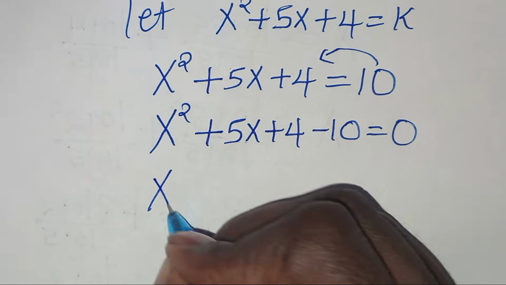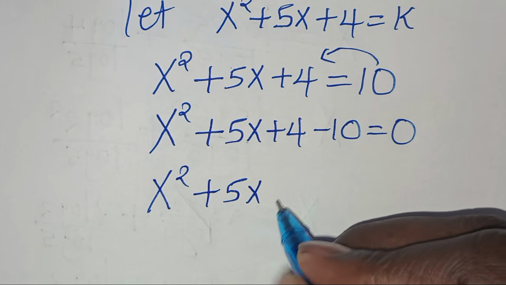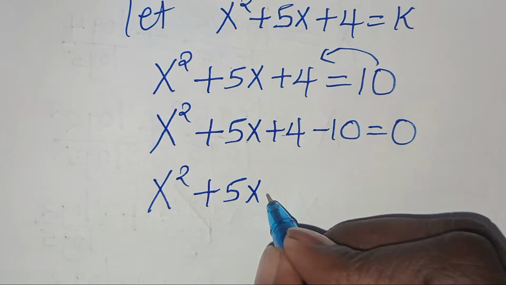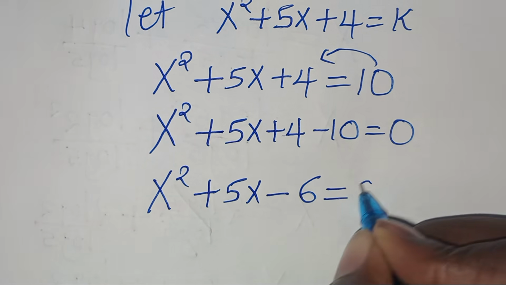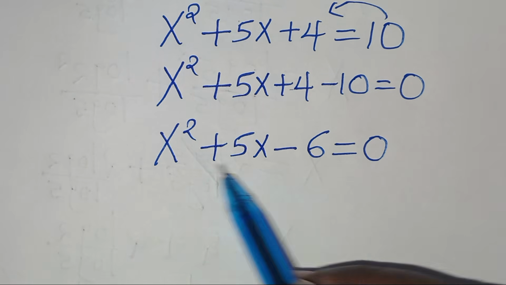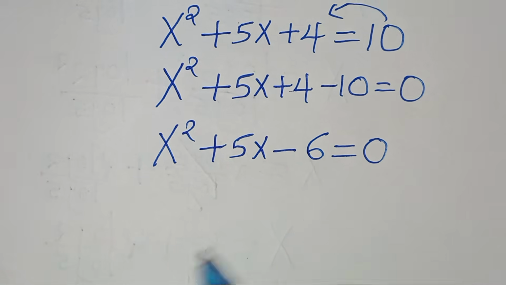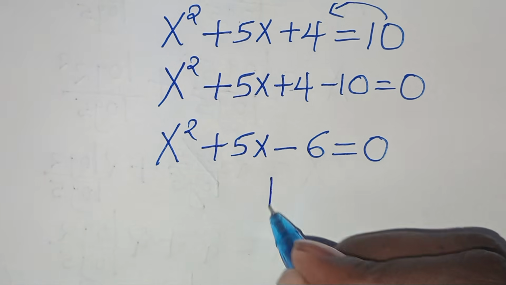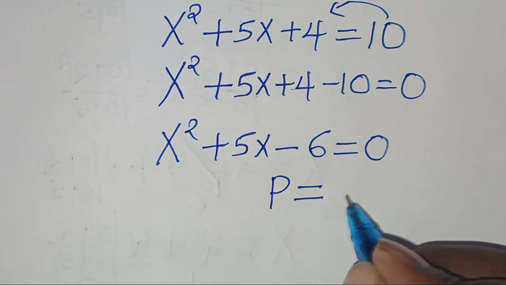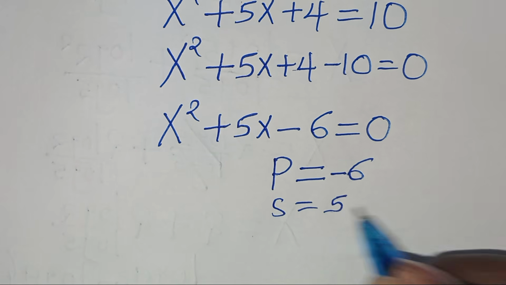So we have x to the power of 2 plus 5x, now we have plus 4 minus 10, this is minus 6, and this is equal to 0. So this is a quadratic equation. We can solve this quadratic equation by factorization method. We have the product as minus 6, sum is equal to 5.